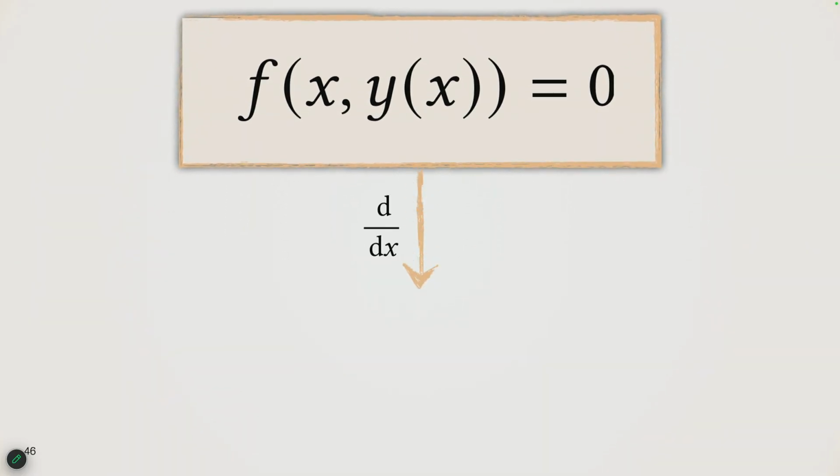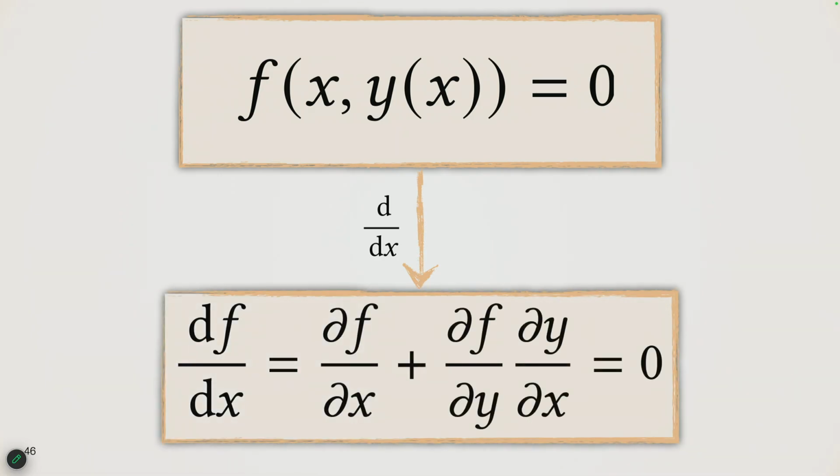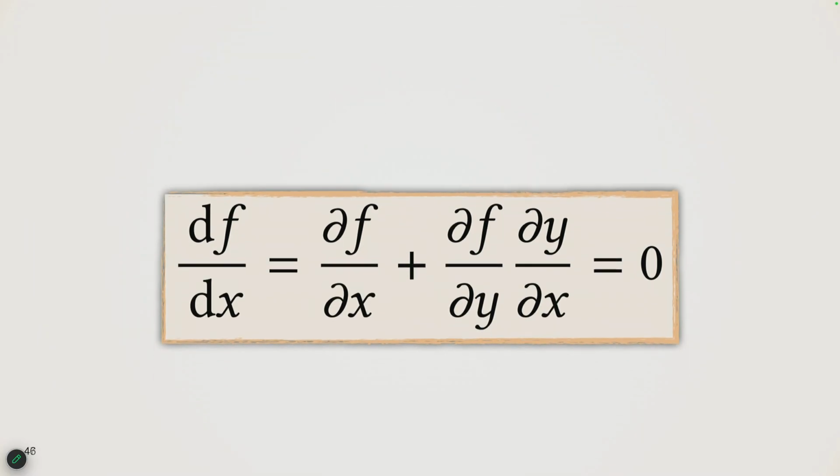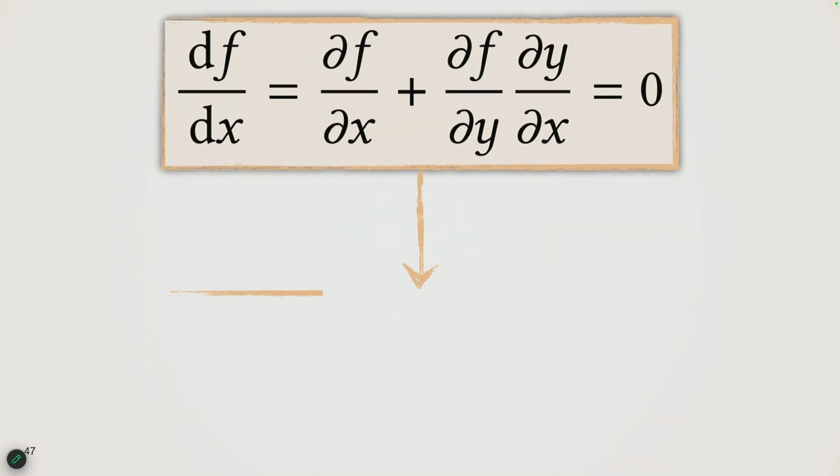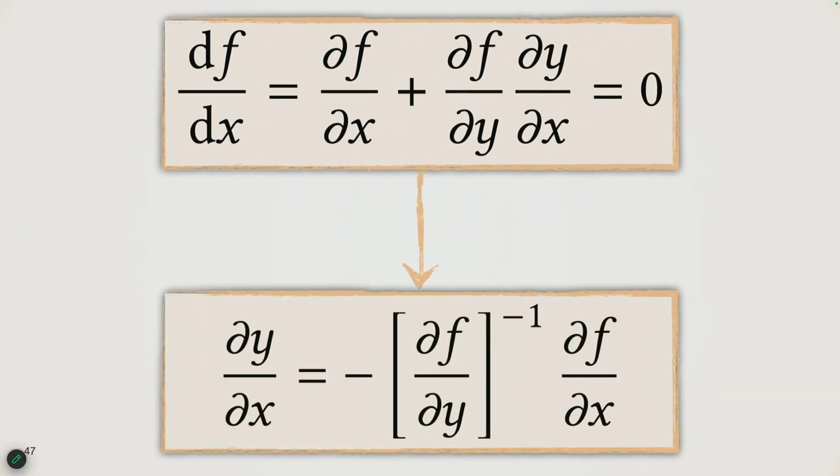Then you can apply a total derivative with respect to x and expand that, and you get a chain rule with y. And then you can reshuffle things around. Now kind of a magical thing happened: we wanted to take a derivative of G, but we actually ended up with an expression of the derivative dy over dx completely without G, as long as we can specify this equation f.